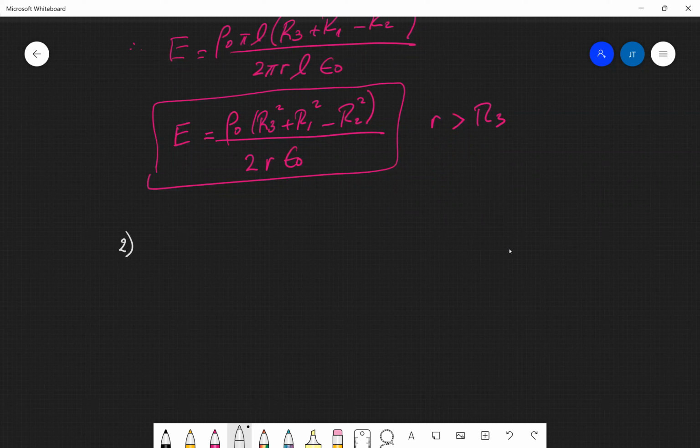So for part two, we have E equals Q enclosed over 2 pi L r epsilon naught. I will always take a Gaussian cylinder surrounding either a shell or inside a shell, or whatever the geometry inside might be.